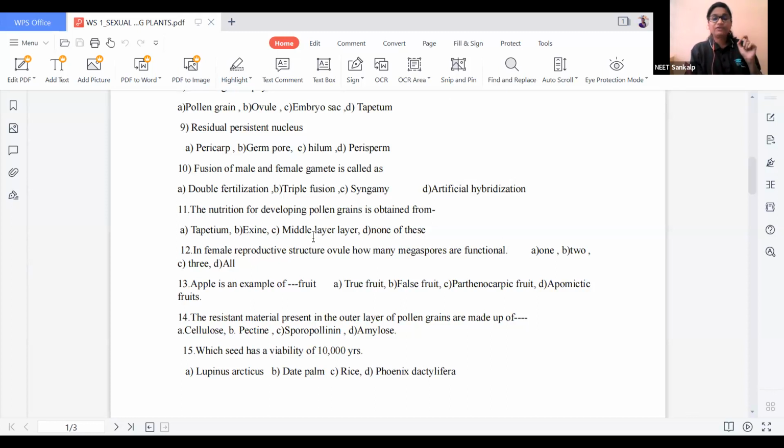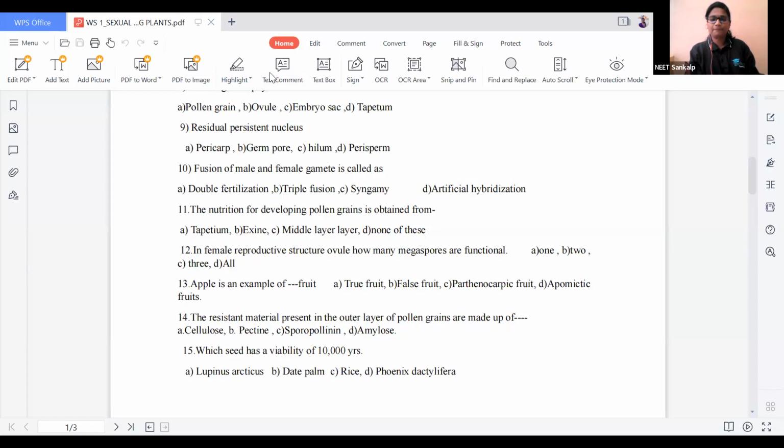Next, 15th question. Which seed has a viability of 10,000 years? Option A, Lupinus arcticus. Option B, date palm. Option C, rice. Option D, Phoenix dactylifera. Okay, Jyoti, Priyanka, Anvita, Mahalakshmi.